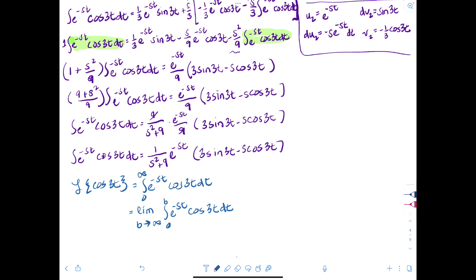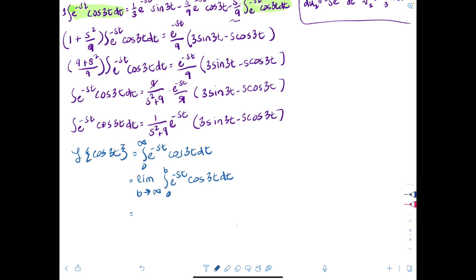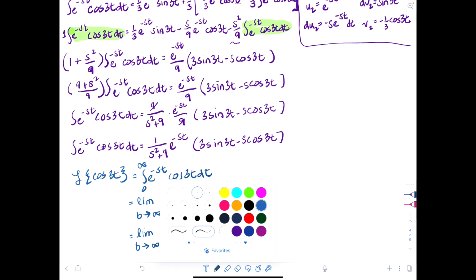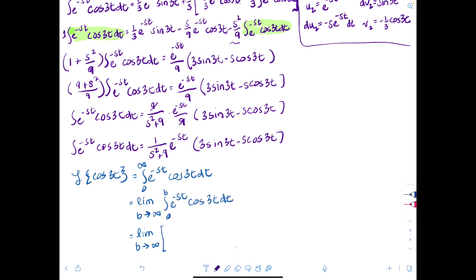And then we will have the limit as b approaches infinity of, we have our result, I'll write it in purple, and our result was 1 over s squared plus 9 times e to the negative st times 3 sine at 3t minus s times cosine at 3t.